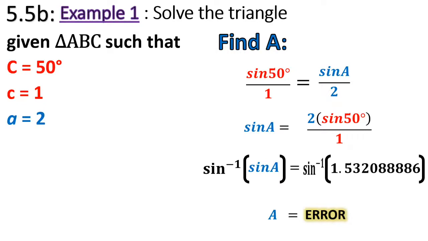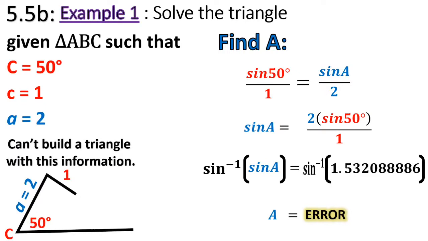Any number larger than 1 is not in the domain of inverse sine. What this really means is that we cannot build a triangle with this given information. So the answer to solve the triangle is there is no triangle that can be built.